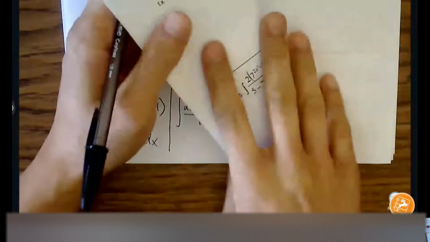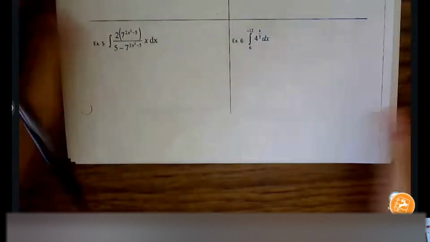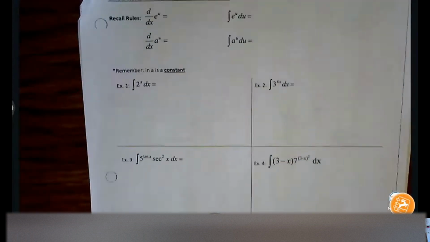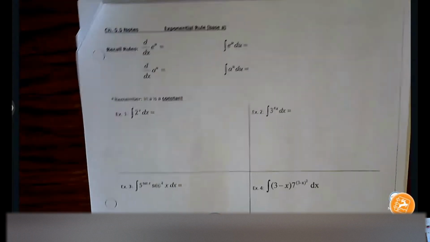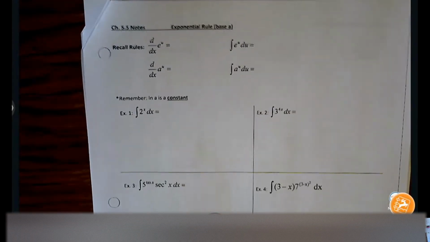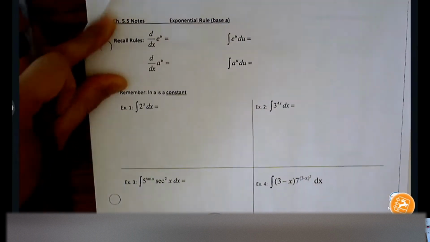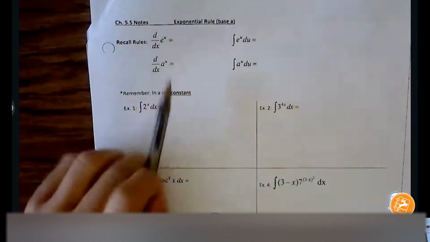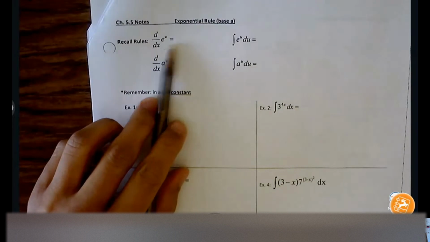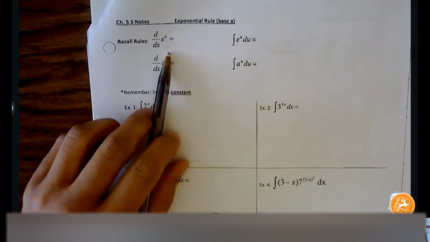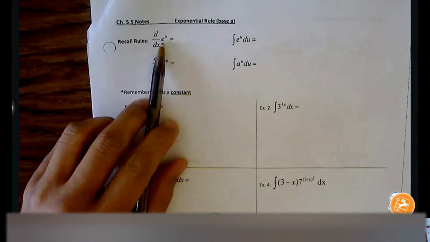All right, next section, 5.5. We're looking at exponential functions, base a. Just want to recall some of these derivative and integral rules and see some connections here. We just got done talking about the exponential function e to the u, base e.